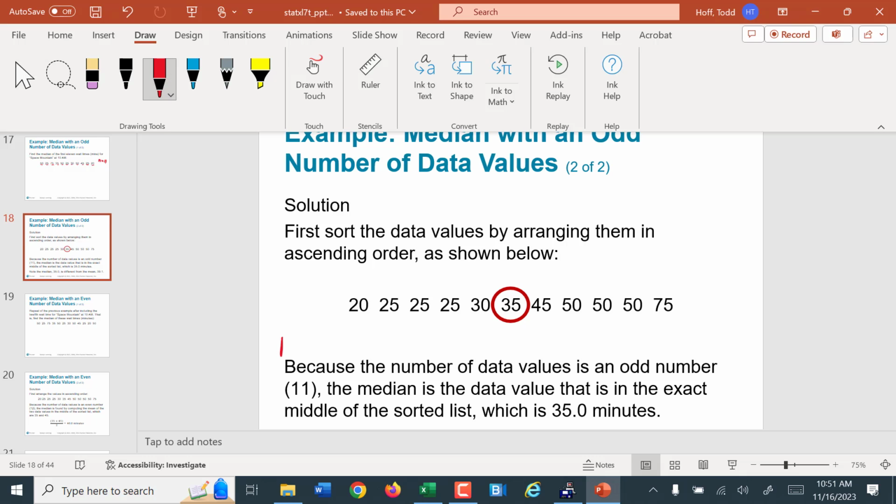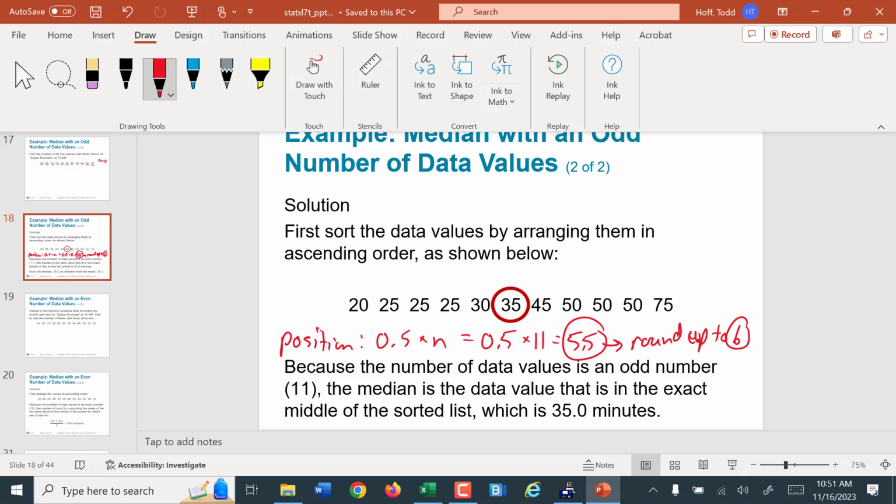So one way to find the position is to take 0.5 or 1/2 times little n. So here n is 11, so 0.5 times 11 is 5.5. 5.5 is a decimal. We round it up to 6.